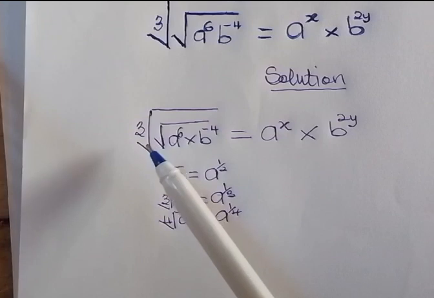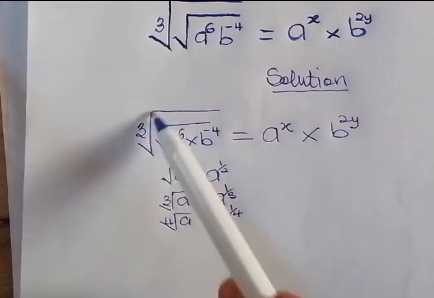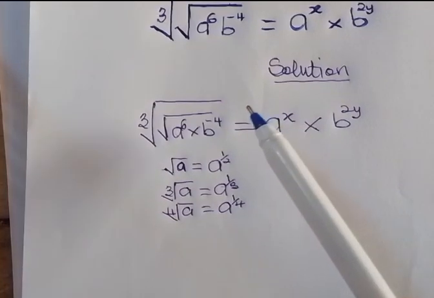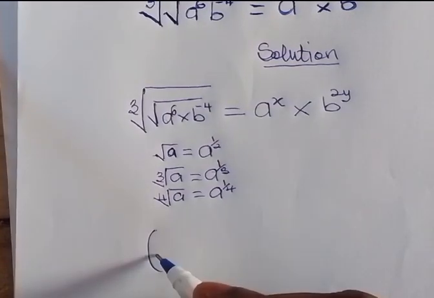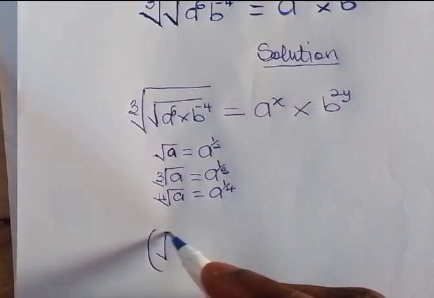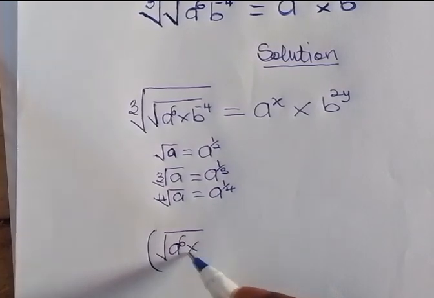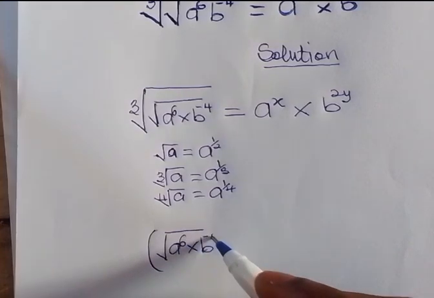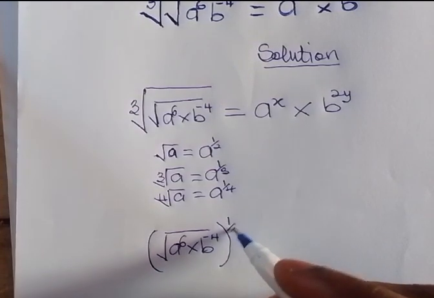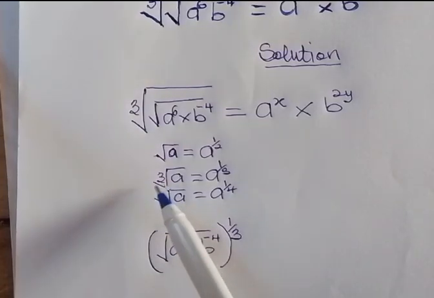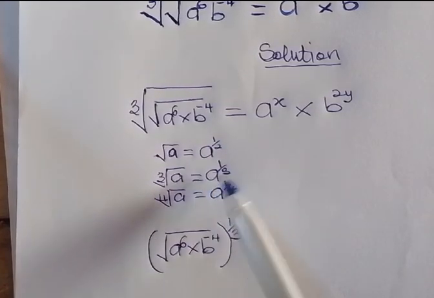Now, since we have the cubic root of this, we shall first deal with the cubic root. So I'm going to write the square root of a exponent 6 times b exponent negative 4, all to the power of 1/3, because if you take the cubic root of any value, it can also be written in this form.